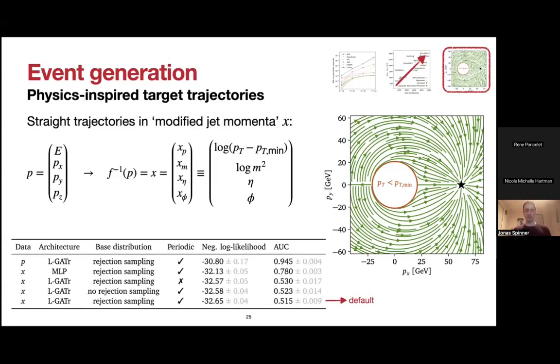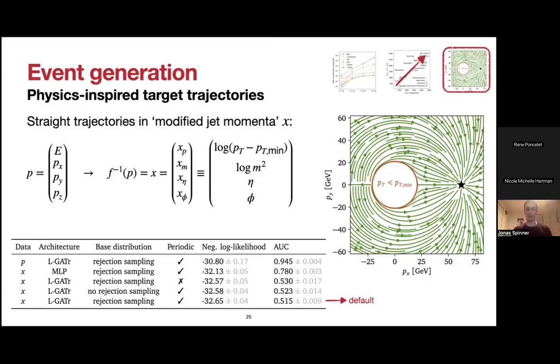We also did some studies on how this affects the performance. The first line in this table is you take the naive parametrization, the momenta, and then the very powerful L-GATr architecture, and you see that the negative log likelihood of this model is quite large, which is bad. Or if you want, the likelihood is small. This is the likelihood of the test data set given the model.